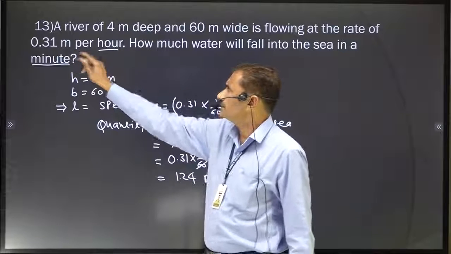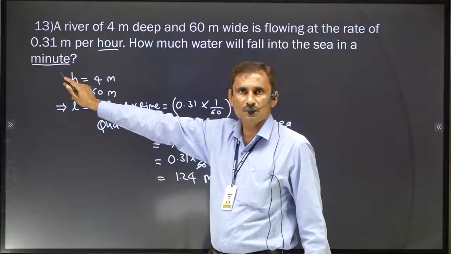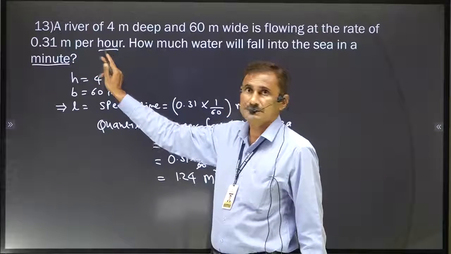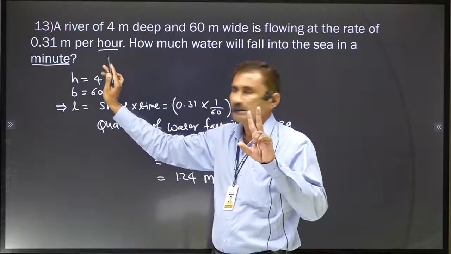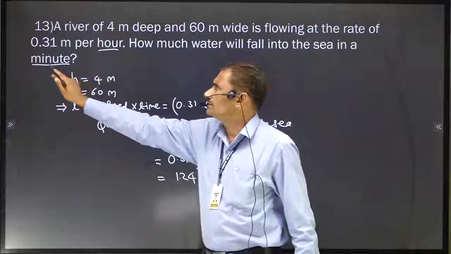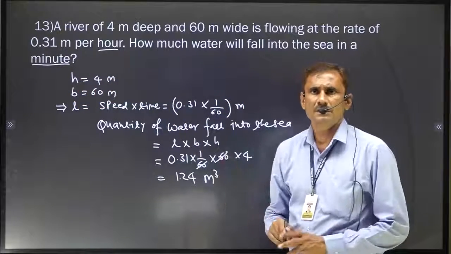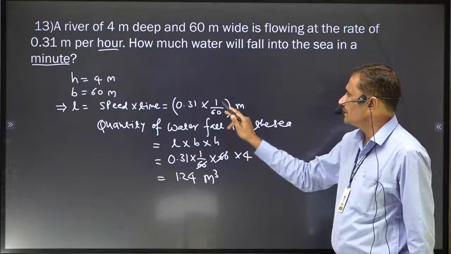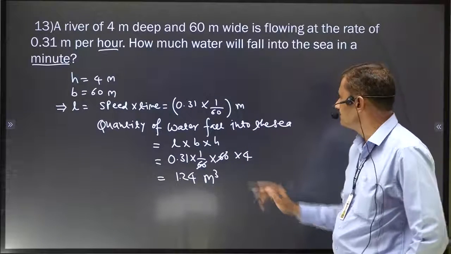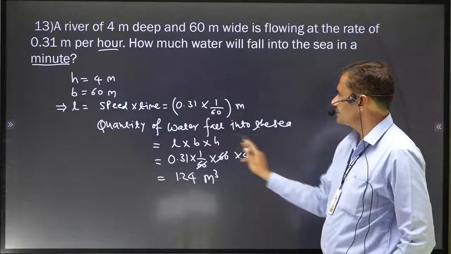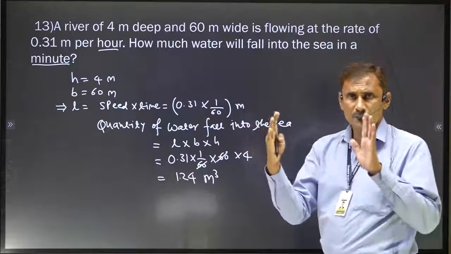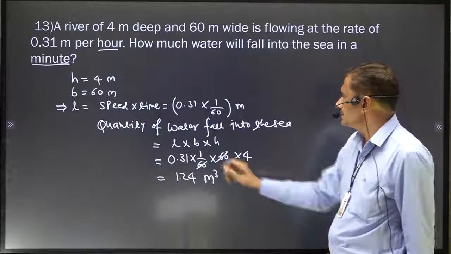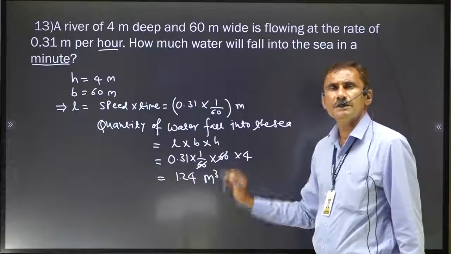So we never change the speed unit, just change the time accordingly, because here two things are there, meters and hours, meaning distance and time. So it is complicated. Just change the time accordingly. So I change the time given in minutes into hours by dividing by 60. Then just find the volume of that cuboid. The cuboid is actually formed in the river by the water quantity. So it is found, and that is the required answer.